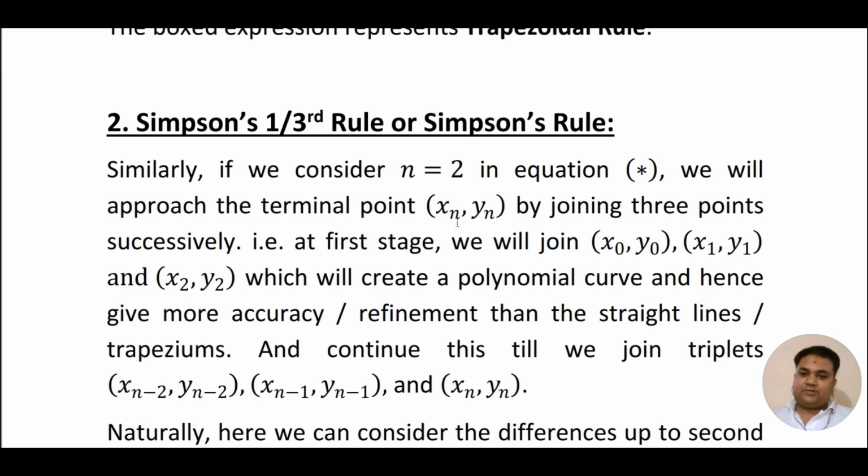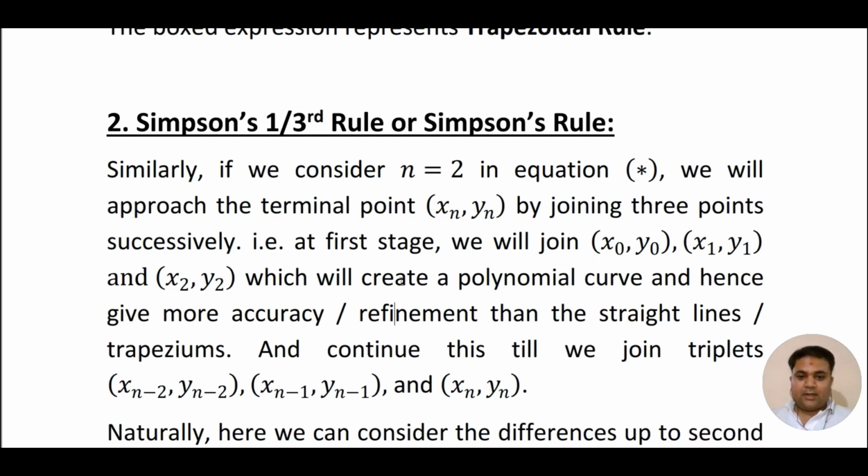If you join these 3 points, you will have a slight curve. That curve represents a polynomial of degree 2, and obviously it's a curve and not a straight line, hence you will have more refined results. So it will give better, more accurate results as compared to the trapezoidal rule.